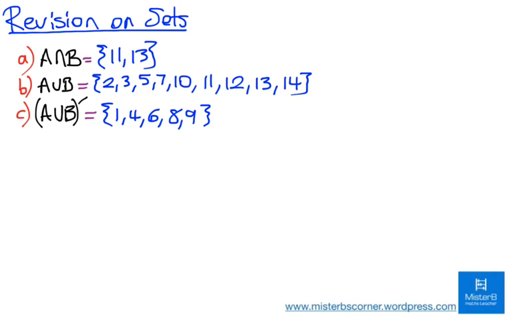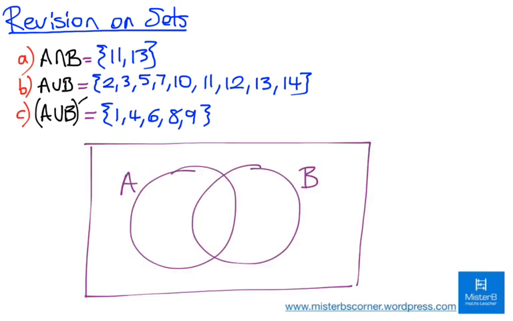Now, if I was asked to put all these members on a Venn diagram, it would be like this. I would start with A intersection B, so it's going to be 11 and 13. Then A union B is all these sets together, so it's going to be 2, 3, 5, 7, and 11 and 13 are there in A, so I'm not going on.